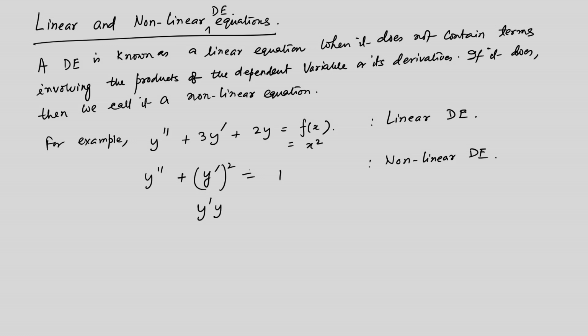Whenever you have a product term of the dependent variable, then we call it a nonlinear differential equation. And most of the time for linear differential equations, one is able to arrive at an analytic solution, whereas for nonlinear differential equations, most of the time such analytic solutions are not available. In fact, we will give an example in some time. Let us then talk about the general and particular solution.